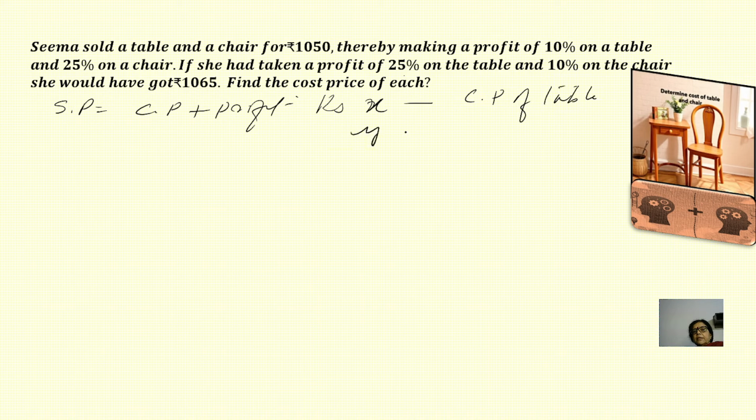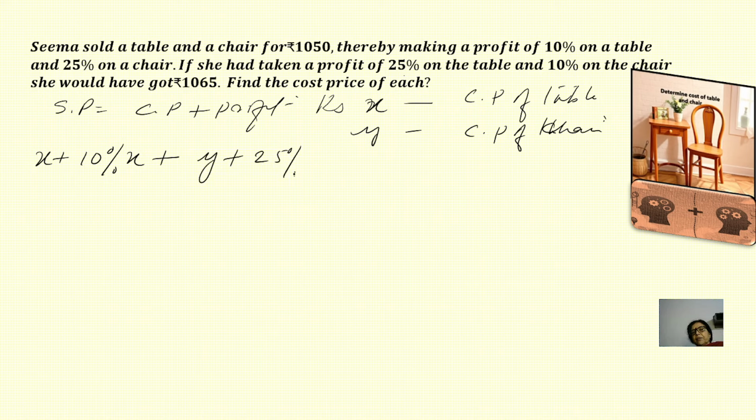And Y is the CP of the chair. So from the first case, we get the selling price of the table will become X plus 10% of X, plus the selling price of the chair will be Y plus 25% of Y, is equal to 1050.